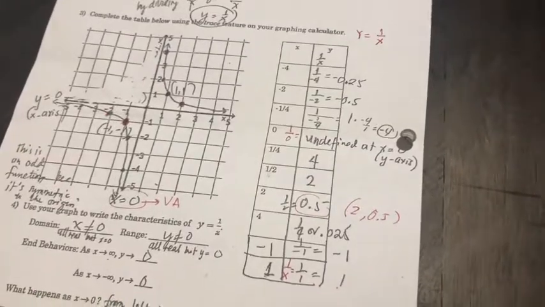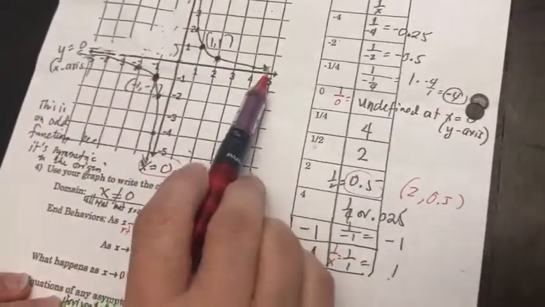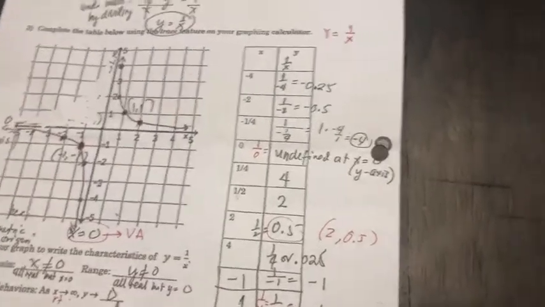The end behaviors: as x approaches positive infinity, as it goes to the right, you notice it's decreasing, but it's not going to touch 0. It approaches y equals 0. To the left, as x approaches negative infinity, as x goes smaller, it's increasing, but it will not touch 0.